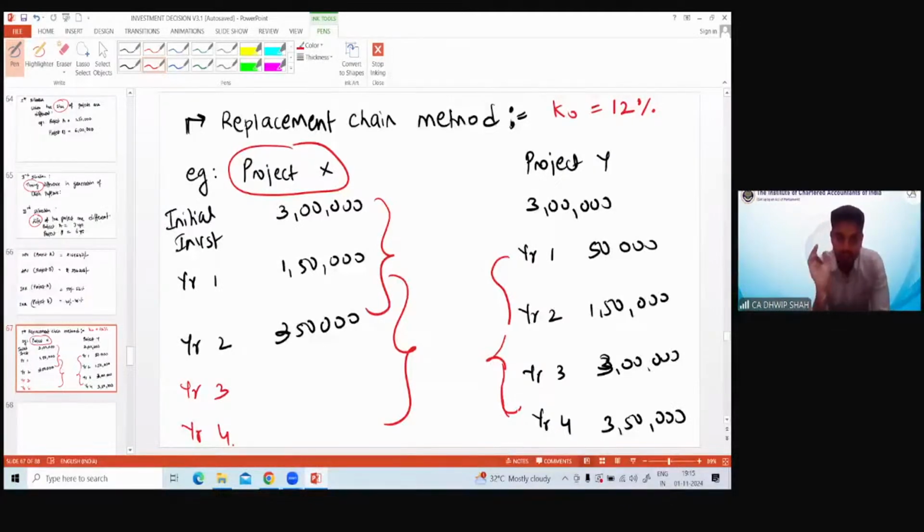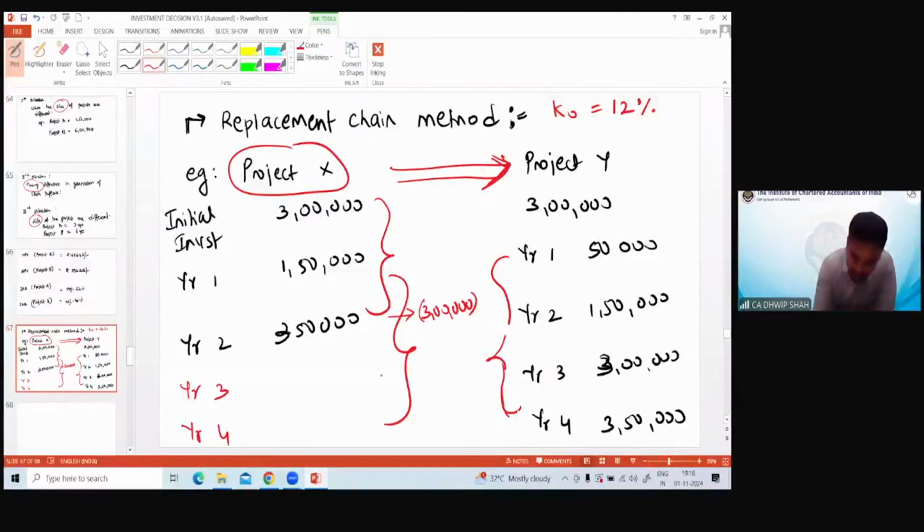Yes or no? Project X will be ending at the end of year 2. So at the end of year 2, take project X one more time. Can I say at the end of year 2, there would be a cash outflow of 3 lakh? I am taking this one more time to bring the life at parity with project Y. And my cash inflow for year 3 would be 150 and for year 4 would be 350.